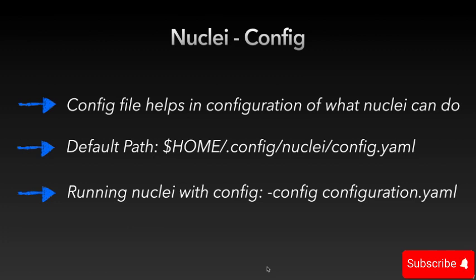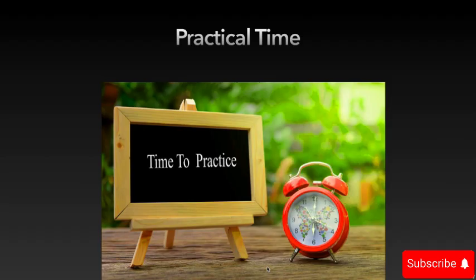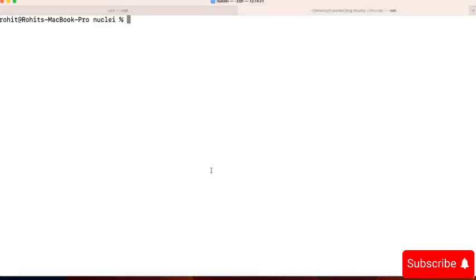Let us see this quickly in the practical. So I'm on my terminal right now, and I'm going to open my configuration file. So I'm going to say nano, the current user in my system is Rohit. I'm going to go inside the .config hidden folder for Nuclei, and I'm going to edit this file, which is config.yaml.